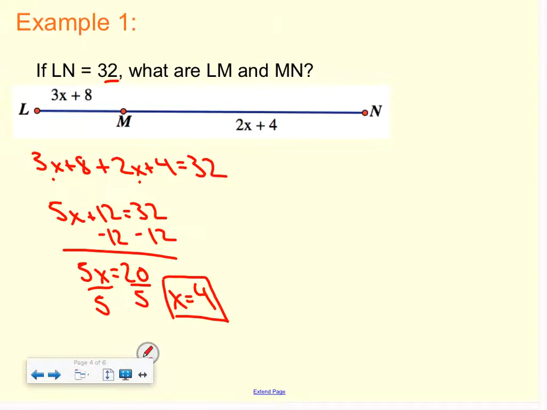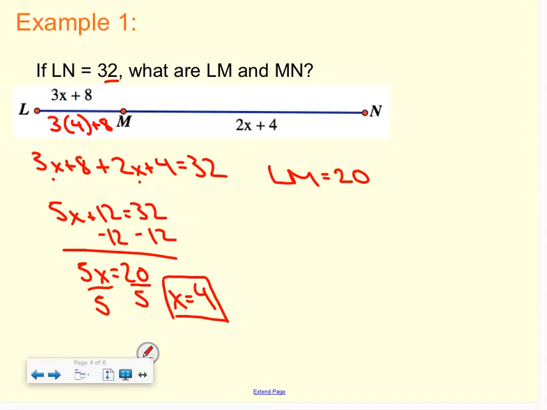Now, are we done? The answer is no. This didn't ask me to solve for x. It asked me what the lengths of LM and MN are. So I need to take this 4 and plug it back in. Here I have 3 times 4 plus 8. 3 times 4 is 12, 12 plus 8 is 20.